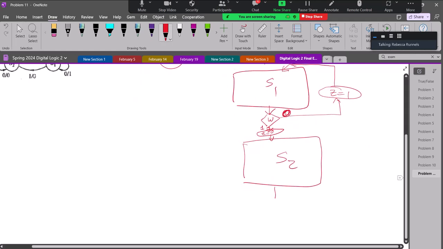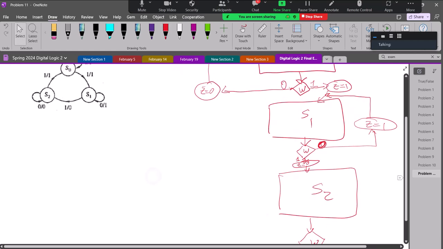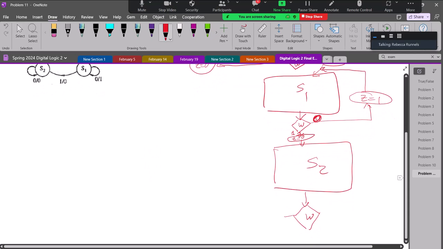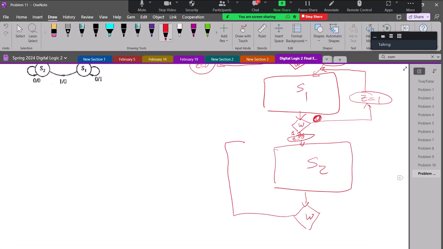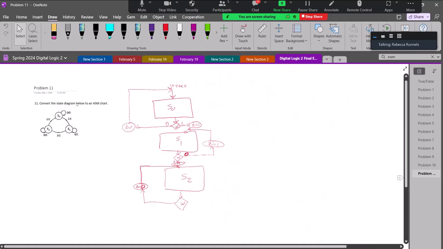And from state 2, if W is 0, my output is 0, and I stay in state 2. And if W is 1, my output is 1, and I go to S0.